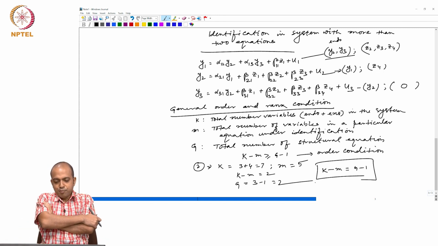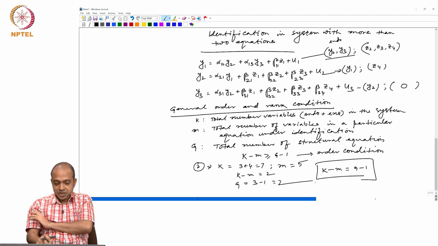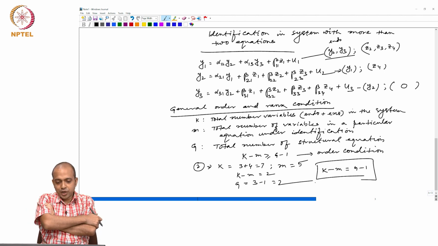Basically, k is the total number of variables and m is the total number of variables appearing in the particular equation, so k minus m indicates how many variables are actually excluded.